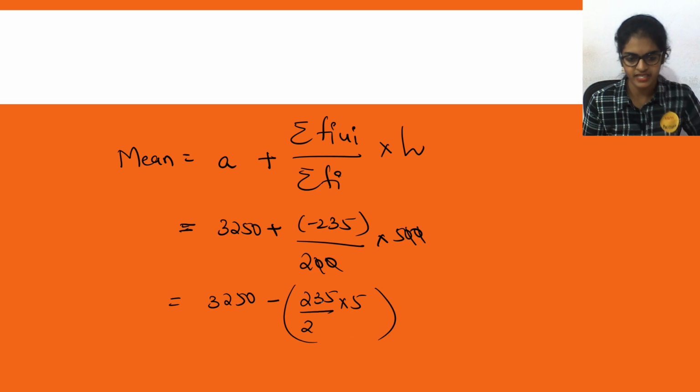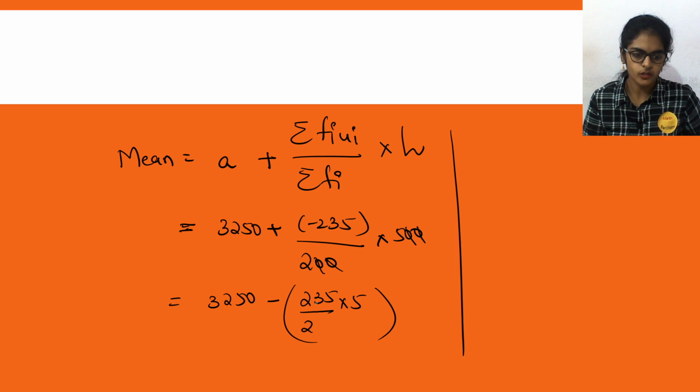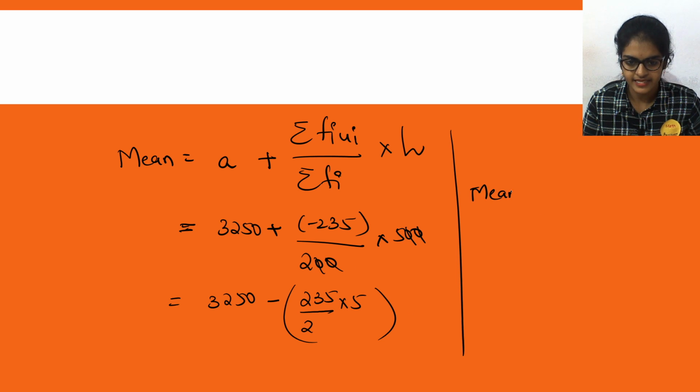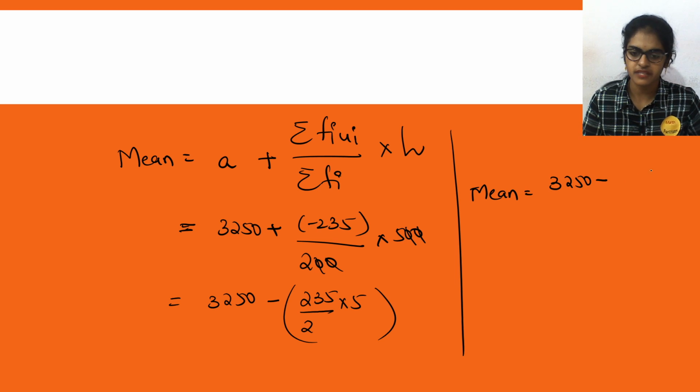Okay, so let us firstly solve this bracket. So 235 into 5. So mean is equal to 3250 minus 235 into 5. So 5 5 is a 25. 5 3 is a 15 plus 2 is 17. 5 2 is a 10 plus 1, 11.